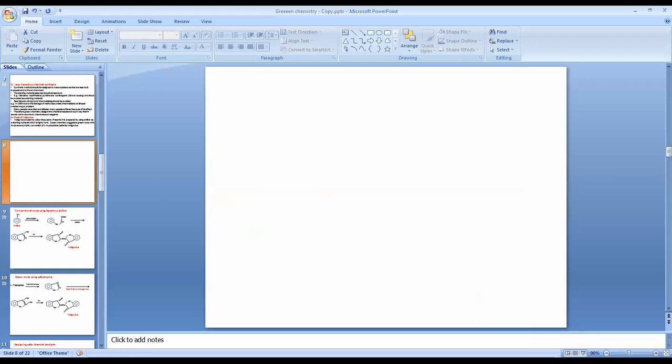So the next example would be, I will write the reaction and let us see how to calculate atom economy.